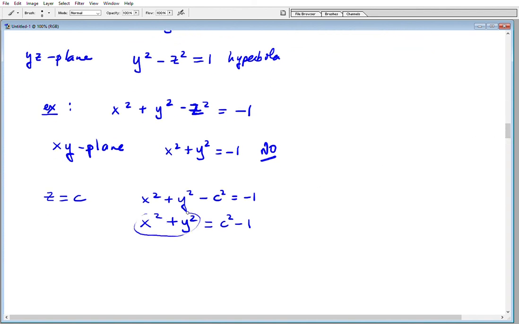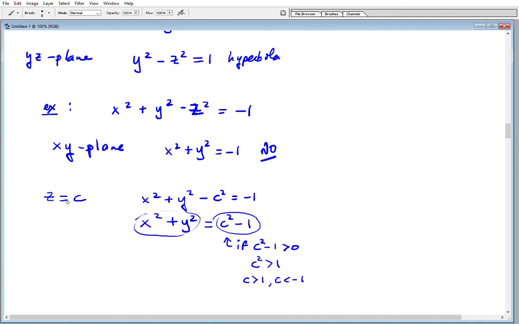We're only going to get solutions if this is positive. So if c squared -1 is greater than 0, then we're going to have a trace. That is c squared greater than 1, or c greater than 1, c less than -1.